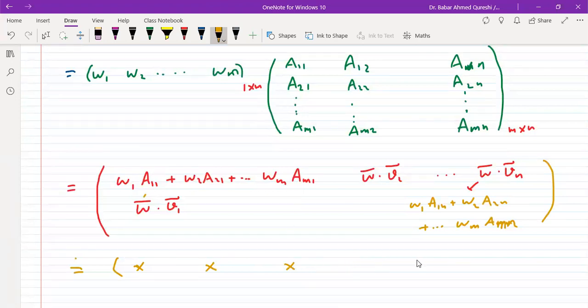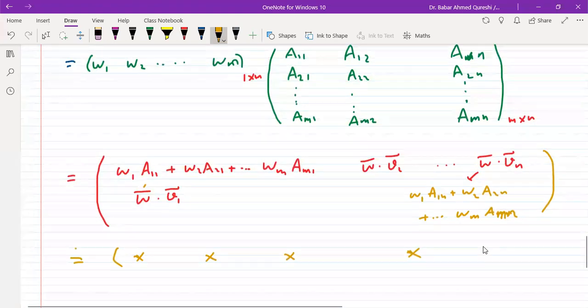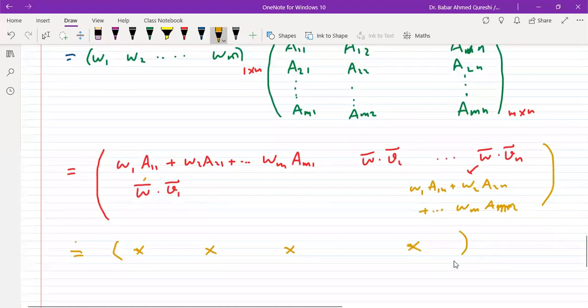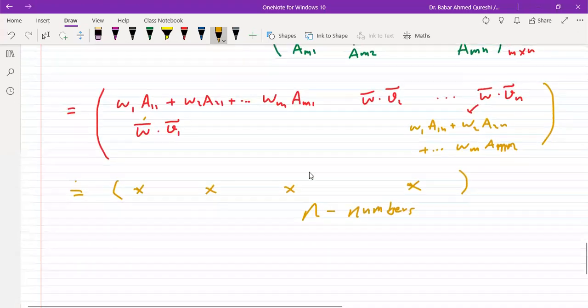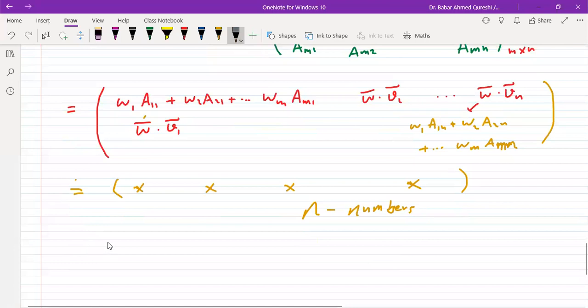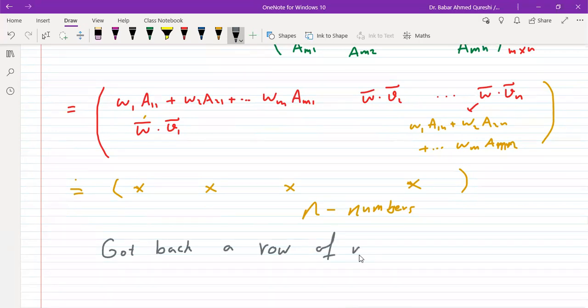So this gives me back n numbers. So I have got back a row. But its dimensionality changed from m to n, which is fine because that's what happened in the case of a column.